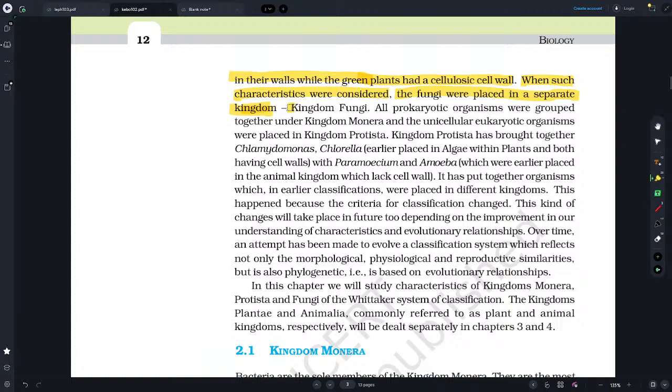Asexual reproduction by spore formation is through conidia, sporangiospores or zoospores. And sexual reproduction is by oospores, ascospores, and basidiospores.